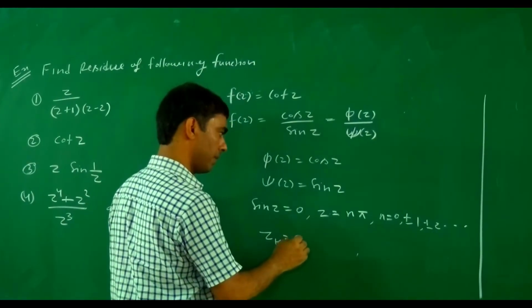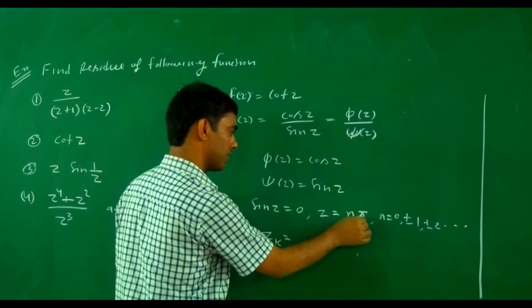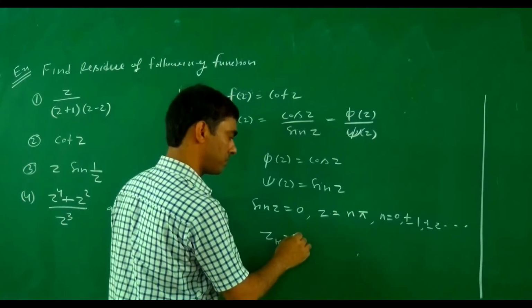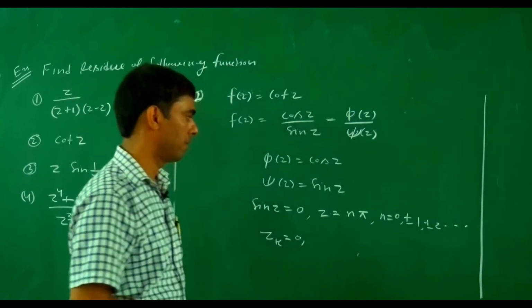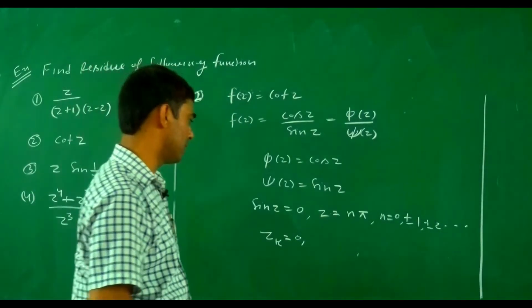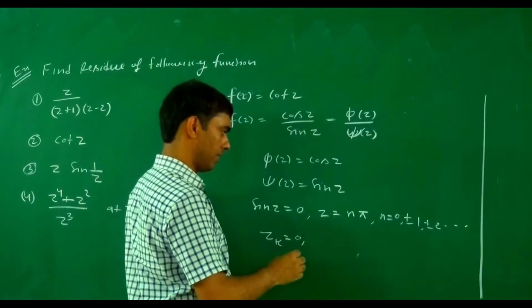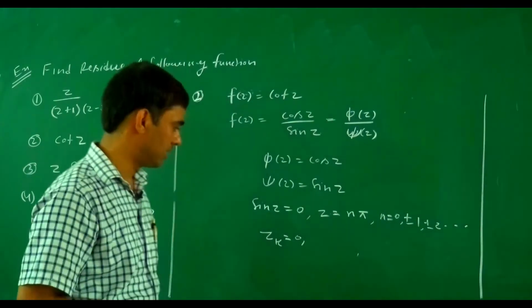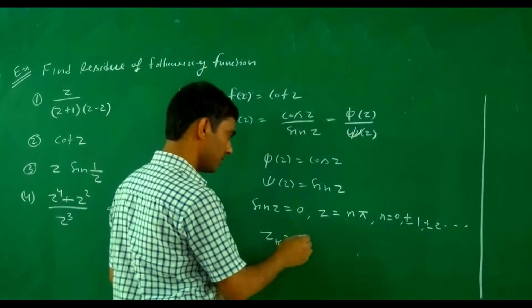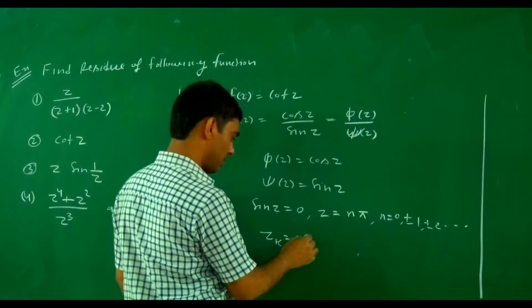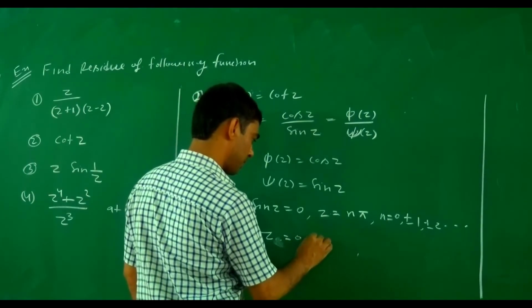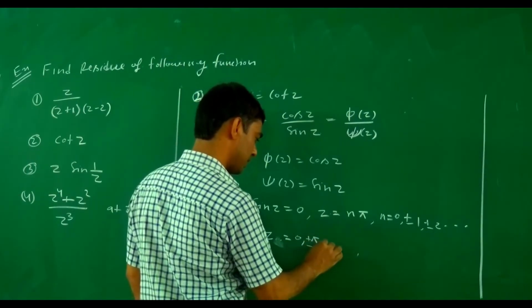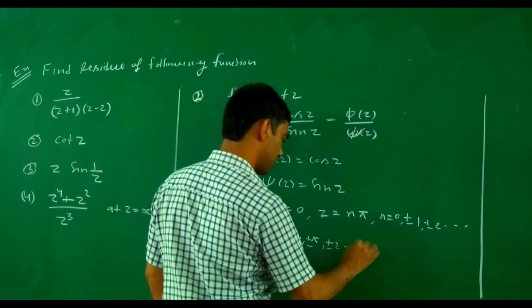The singular points z_k are n pi, that is, z_k equal 0, plus minus pi, plus minus 2 pi and so on.